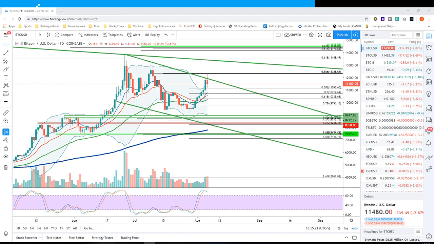Okay, so let me look at your question here. So I know about resistance lines, or fib. So fib is basically Fibonacci, okay? And I'll show you what I mean by that. Hang on 1 second.